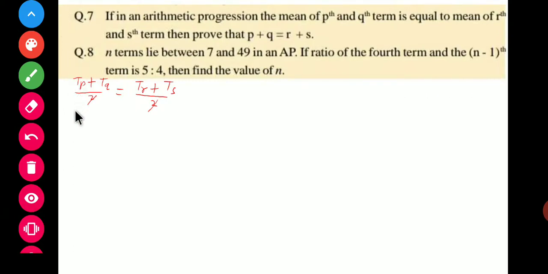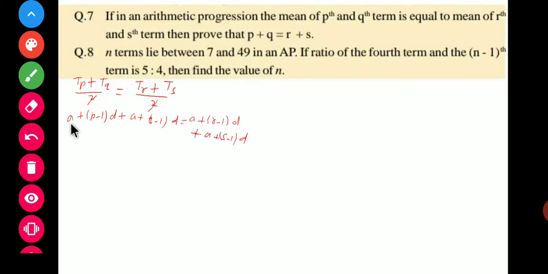Now put Tp, it is a plus p minus 1 into d, and Tq is a plus q minus 1 into d, is equal to Tr, that is a plus r minus 1 into d, and plus Ts. What is the meaning of Ts? A plus s minus 1 into d.